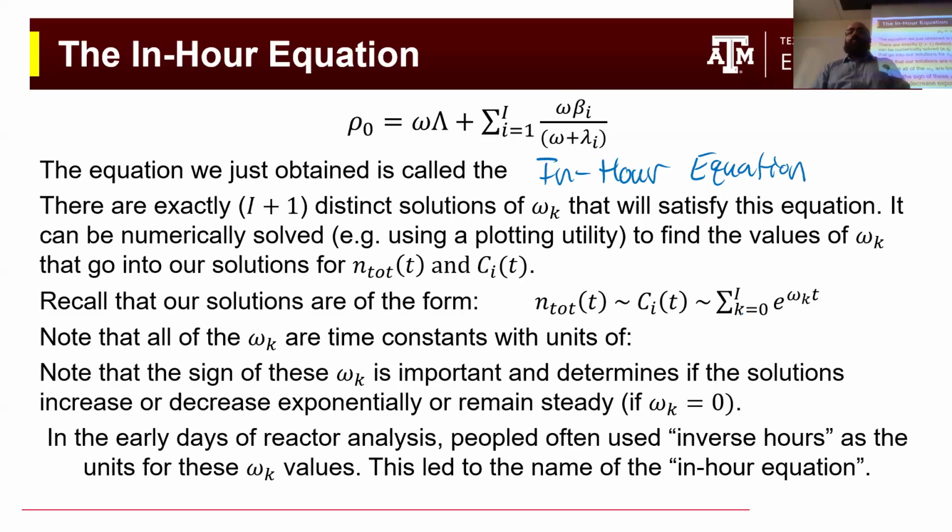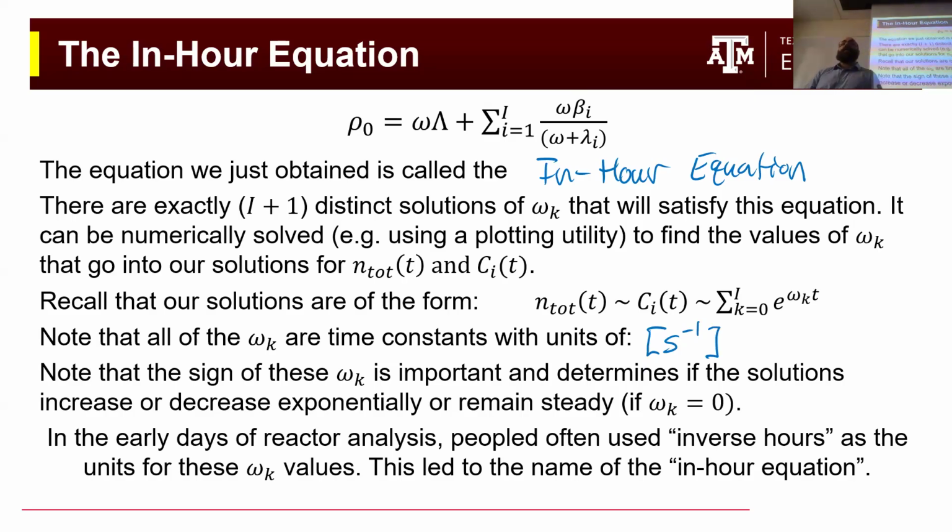Just recall that the solutions we're looking for are exponentials with these time constants, and we already said that these time constants have units of inverse seconds. Because all of our solutions are exponentials of these time constants, the sign of those time constants is important.